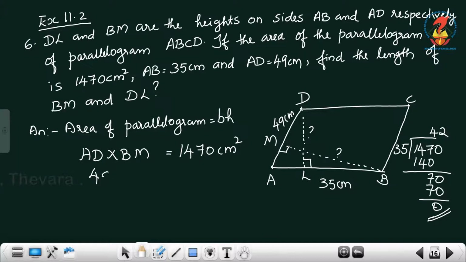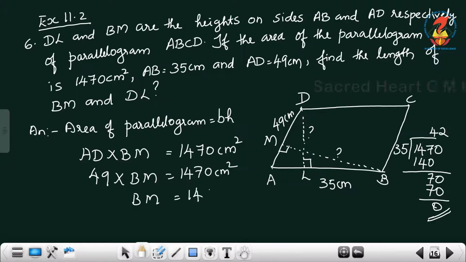AD equal to 49, so 49 into BM equal to 1470 centimeter square. BM equal to 1470 divided by 49, moving 49 to this side by the transposing method.